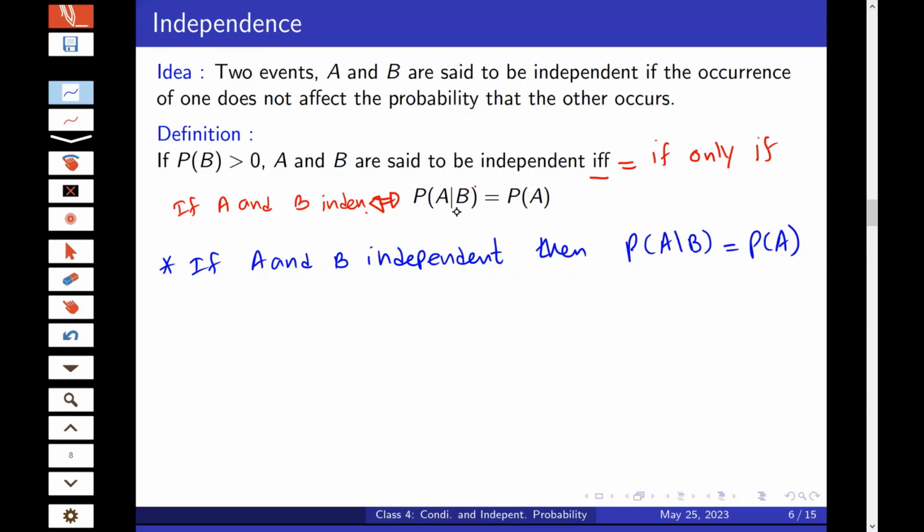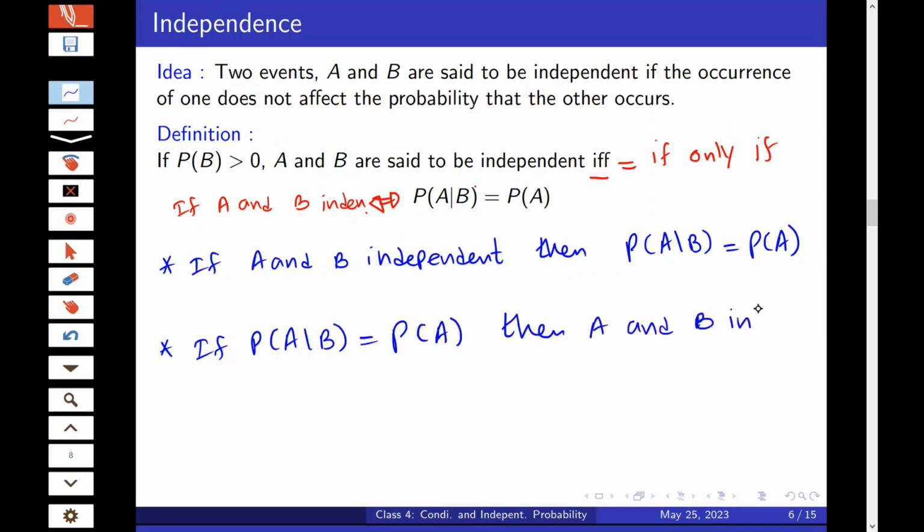That means the given information is not required: because P(A given B) is the same as P(A), there is no effect from B. We can do it the other way as well. If P(A given B) is the same as P(A), then this means A and B are independent.